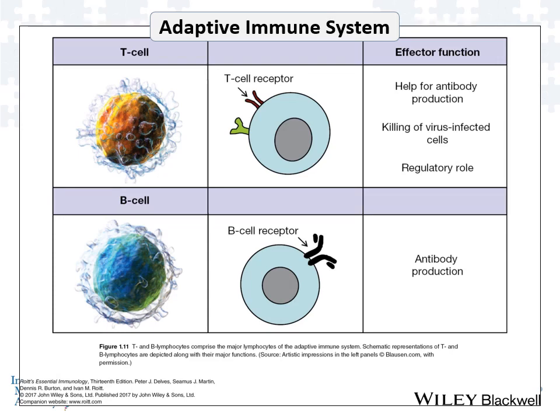And remember, the adaptive immune system is our T cells and our B cells. B cells are the main cells given credit for producing antibodies, but it turns out there are antibodies produced by our innate immune system as well. T cells, through cytotoxic T cells, can kill virus-infected cells. There can also be regulatory T cells, and they aid in some antibody production as well.